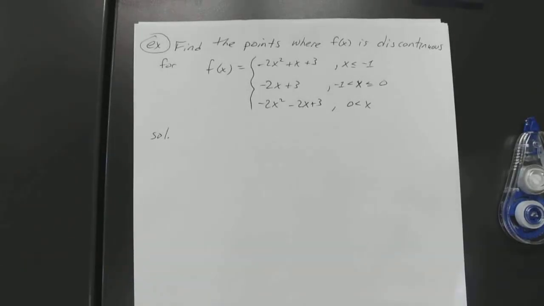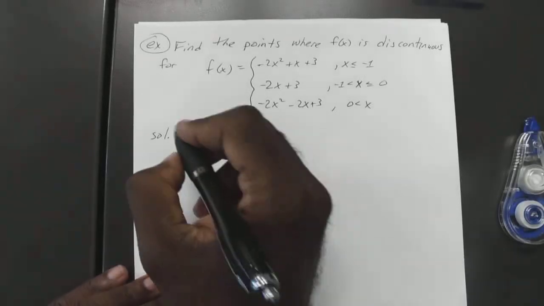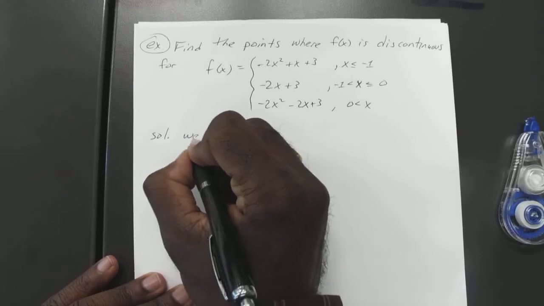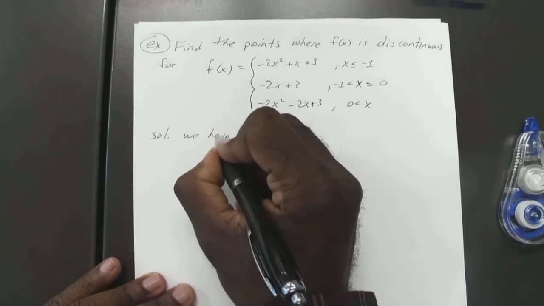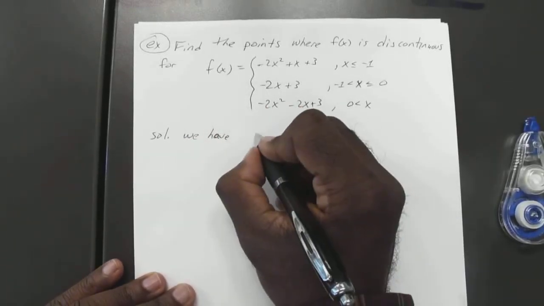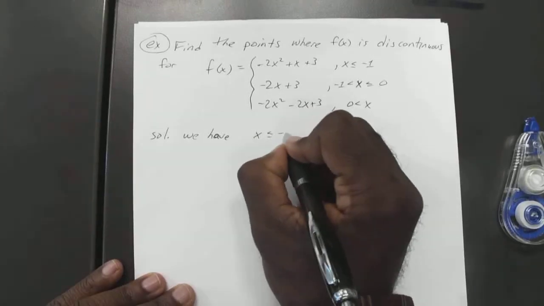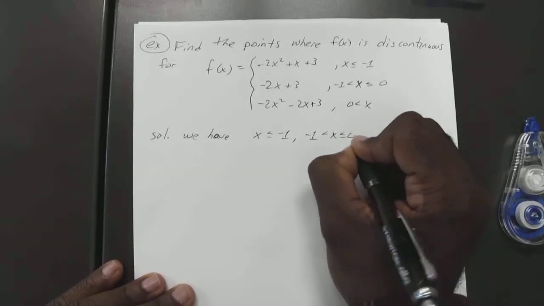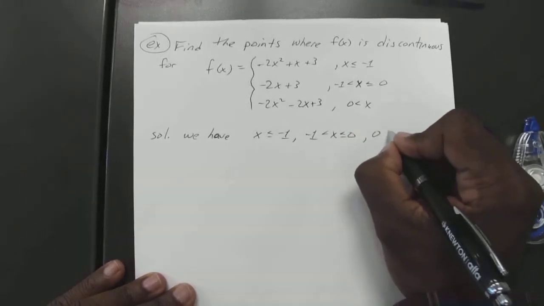So our boundary points would be 0 and negative 1. Yep, negative 1 and 0, depending on what order you want to go in. So we already know we have x is less than or equal to negative 1, negative 1 is less than x is less than or equal to 0, and 0 is less than x.